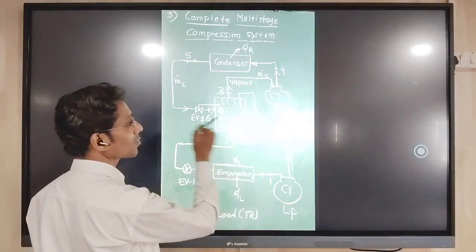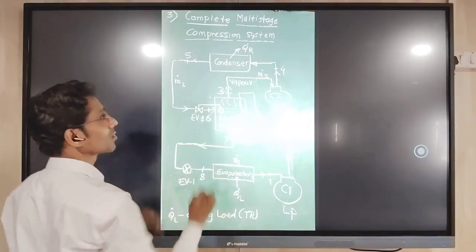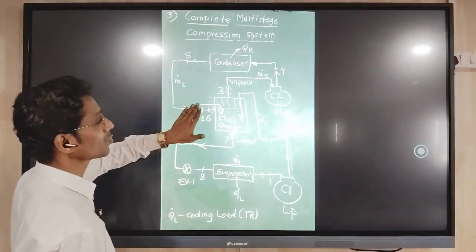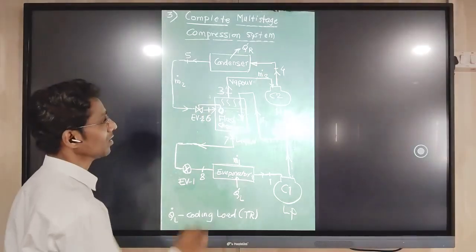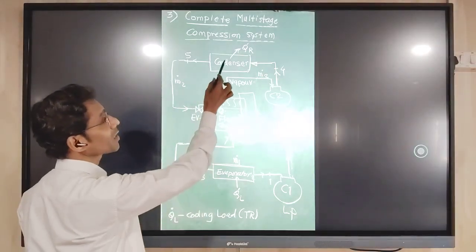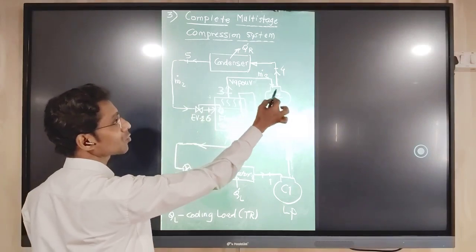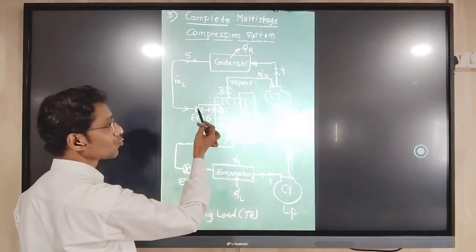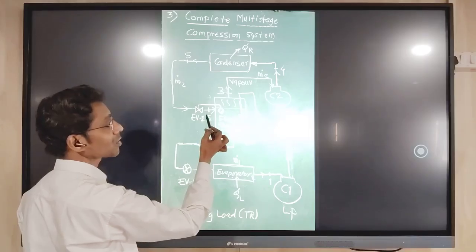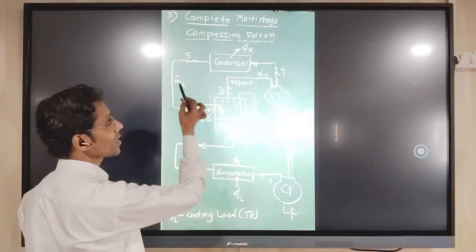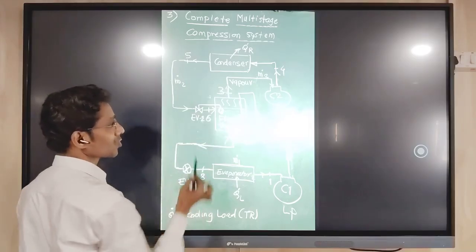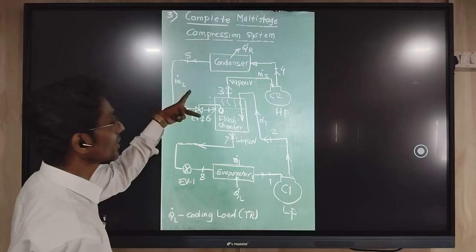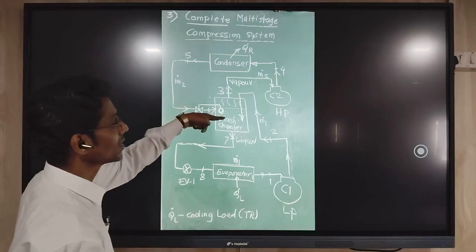Another heat content entering the flash chamber is from this line which is coming from the condenser and passing through this expansion valve to the flash tank. So here the mass flow rate coming from compressor 2 is M2 dot, and after the expansion valve the location point is 6. So M2 dot H6, this product will be the amount of heat entering the flash tank.